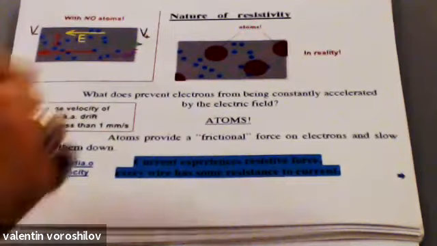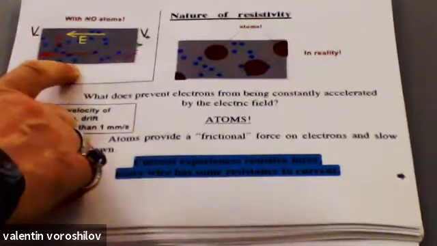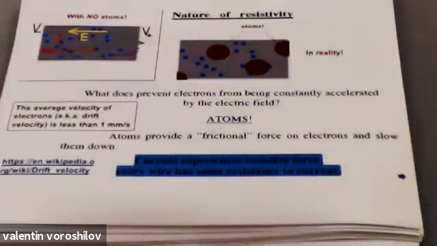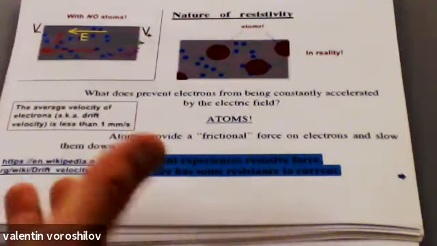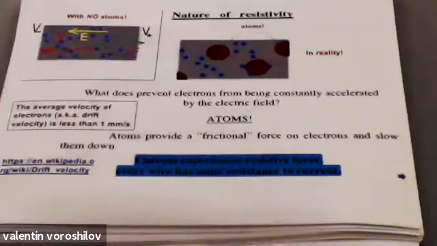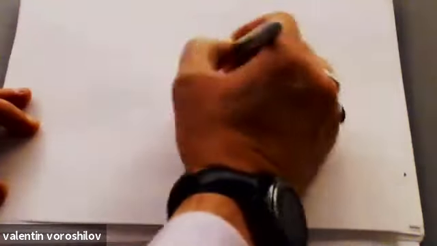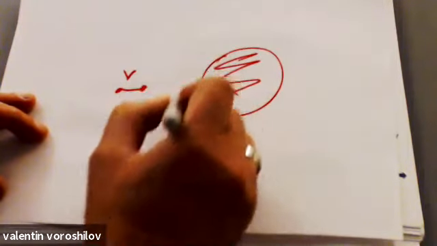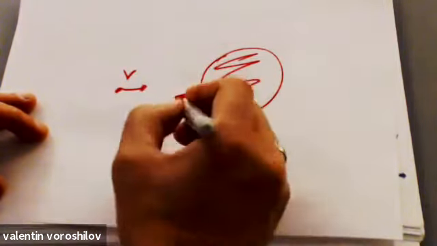Why? Because inside every conductor, we have more things than just electrons. We also have many, many nuclei, and each electron collides. And when it collides, it bounces off. So we have a huge nucleus, a tiny electron hits it, and then bounces back. Of course, it loses some energy.